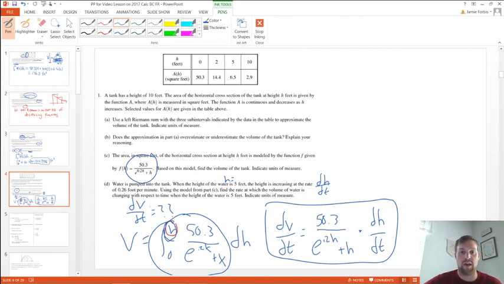Now, if I want to know what that value is at h equals 5, then I just plug 5 in for h, and I'm going to plug in 0.26 for dh over dt, and I got my answer. Again, I did all this in the calculator.